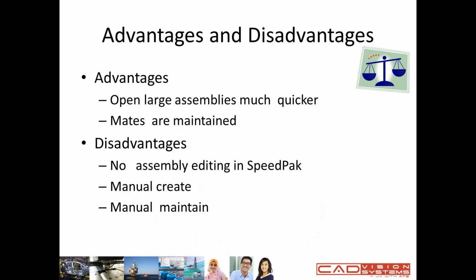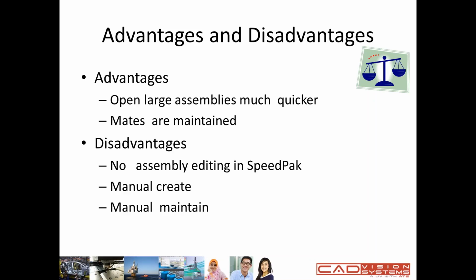So how do we maintain the SpeedPak? We update the SpeedPak on configuration. We also update all SpeedPak in the assembly environment. So when should you use the SpeedPak? When you are doing some visible representation of an assembly, it's good to use a SpeedPak.